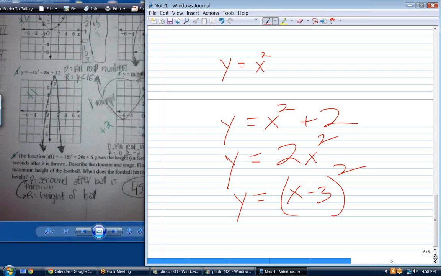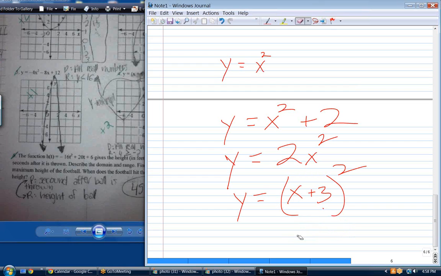Oh yeah, sorry, I meant to the right. And h is positive. h is a positive 3. And positive numbers translate to shifts to the right. Negative numbers are shifts to the left. So if I wanted to shift to the left, I would do that. If I make it x plus 3, now h is actually a minus 3. Because remember, the standard is x minus h.